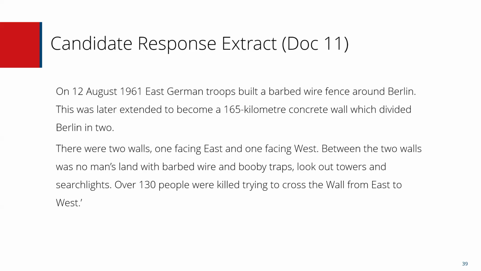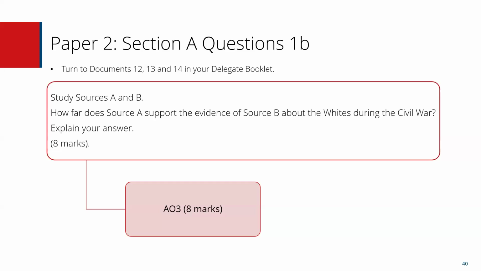Okay. Right, let's have a look at paper 2, section A, question B. If you turn to documents 12, 13 and 14, 12 is the generic level mark scheme and document 13 are the sources.